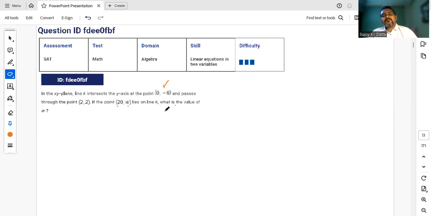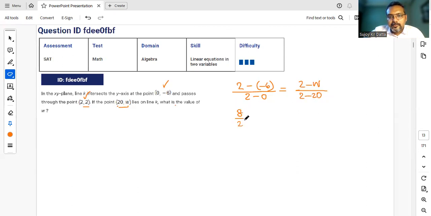So we can easily do this using slope. If you look at these 2 points, the slope is 2 minus -6 divided by 2 minus 0, which is equal to, for these two, 2 minus W over 2 minus 20. So we get 2 plus 6, 8 over 2 equals 2 minus W over -18.